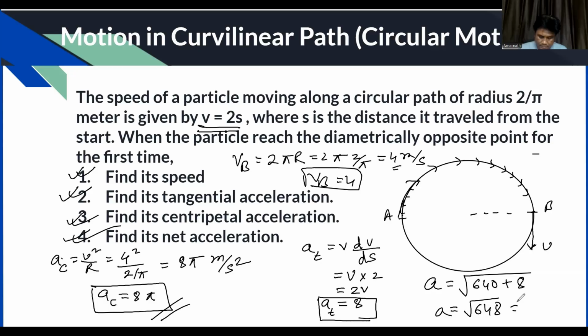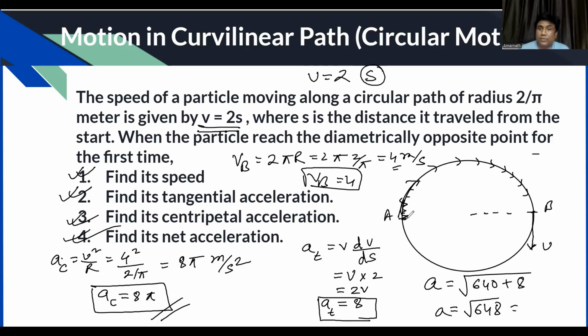So why did you take VB as 2 pi r? Repeat. Why did you take VB as 2 pi r? VB. So actually velocity equal to what? Given that velocity depends upon the distance. So it is 2 into s.